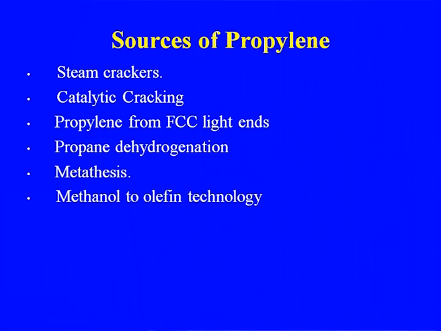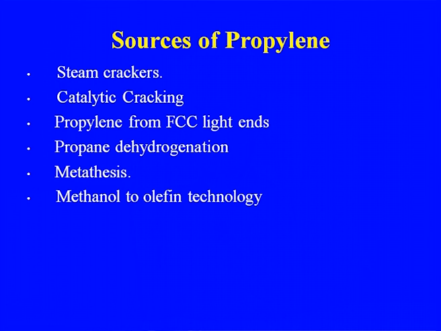Let us discuss what are the sources of the propylene. As I told you, the first major source of the propylene before the coming of the petrochemicals was the FCC. Now the steam crackers have become the major source of the propylene.